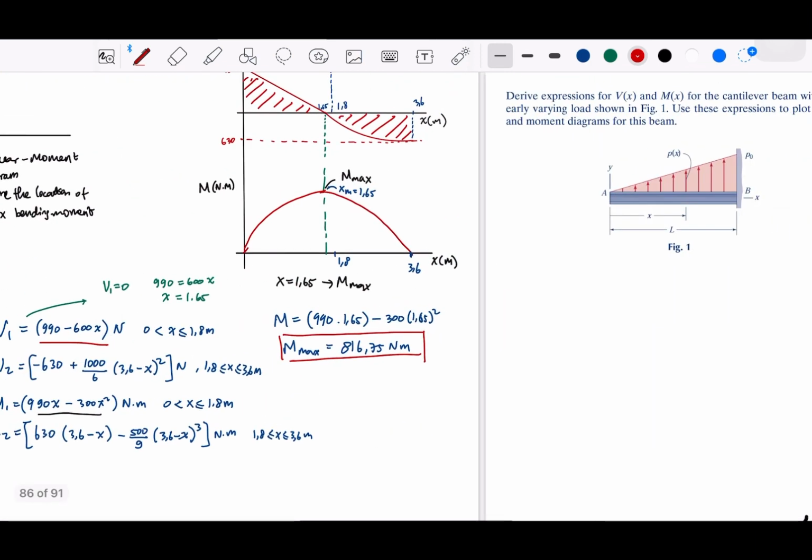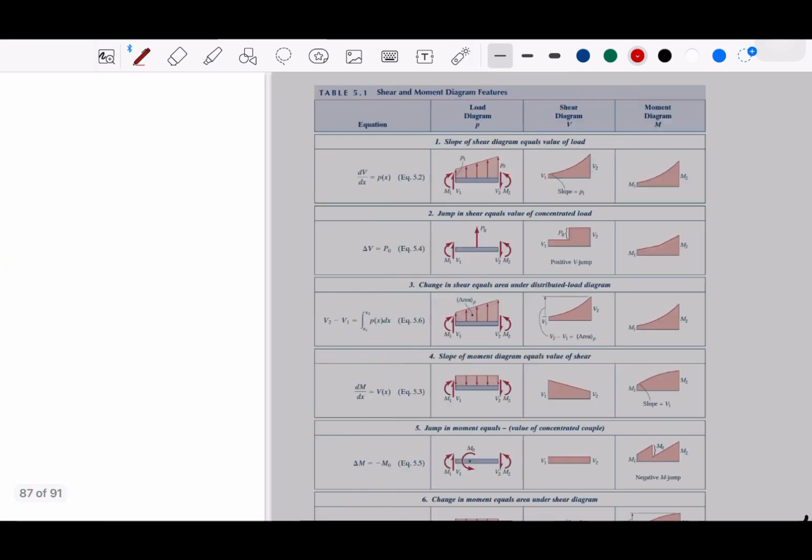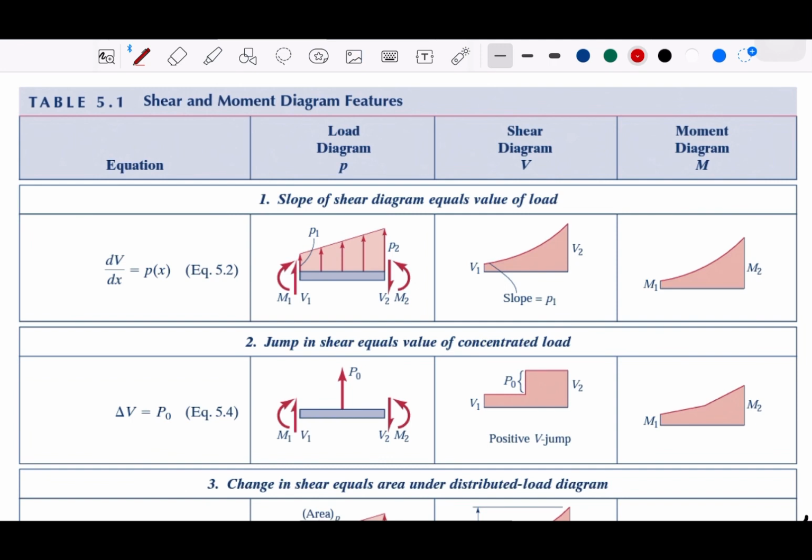Maybe the last part is here. Last part is this. Just some notes that help you through the picture and figure.